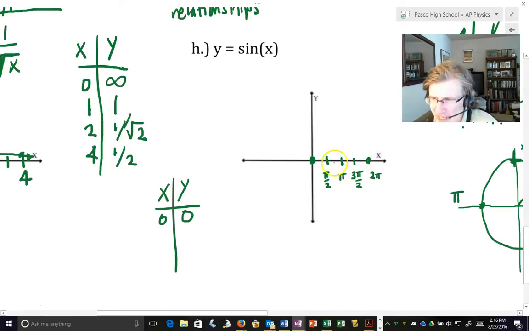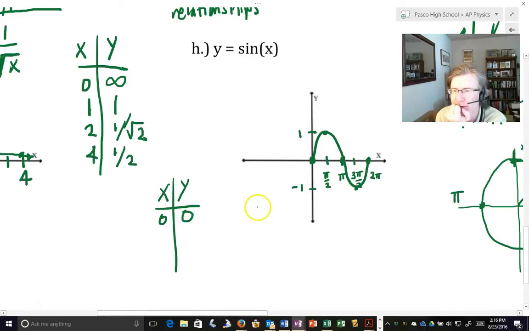When I'm at pi, I'm also at 0. But when I'm at pi over 2, I have a max of 1. That's this point here. And when I have 3 pi over 2, I have a minimum of -1. So I have a local maximum or local minimum. The sine is a wiggle that goes like this through these points, and it just keeps doing that forever and ever.